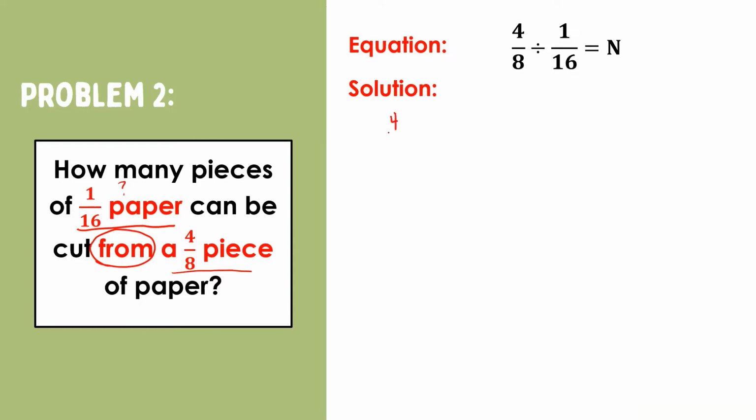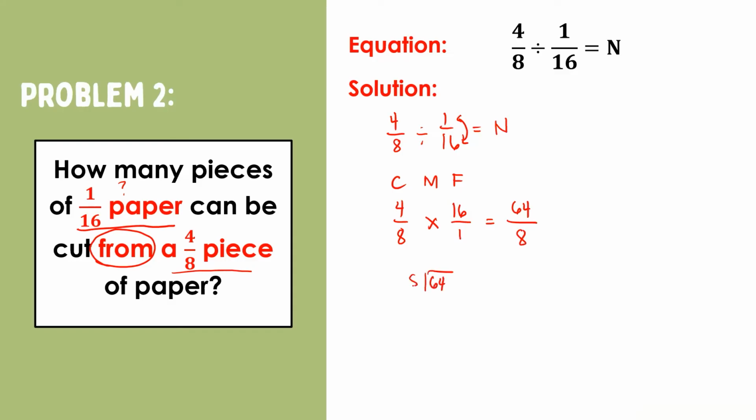Again, to divide fractions, let us follow our mnemonic CMF. Copy the dividend, which is 4/8, change division to multiplication, and flip 1/16 to get its reciprocal. We will now have 4/8 times 16/1. 4 times 16 is 64, and 8 times 1 is 8.